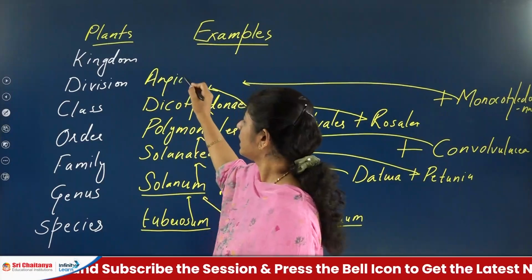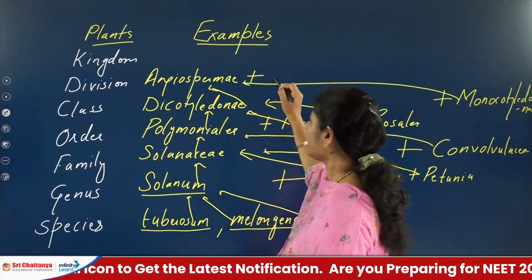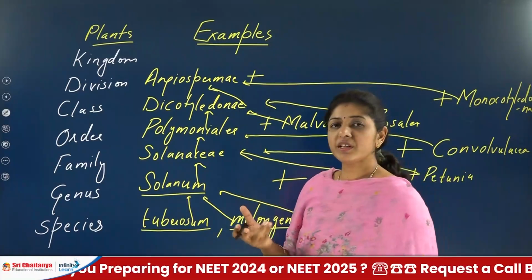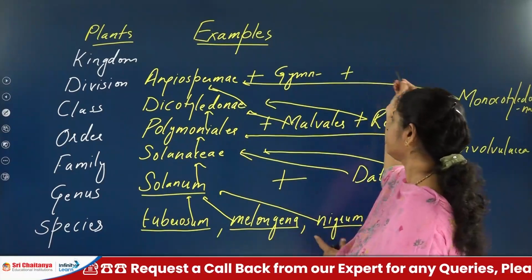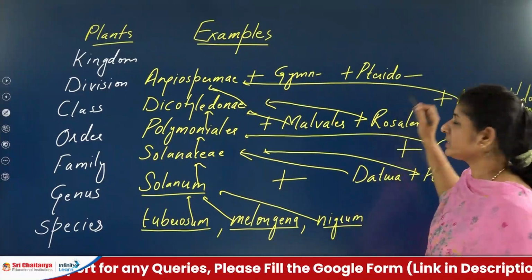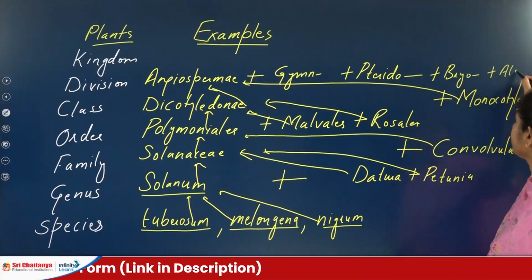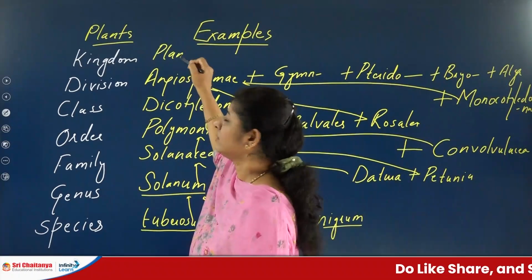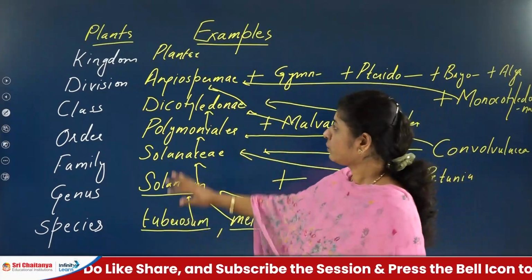Angiospermae, right? Now Angiospermae, along with that, 5 divisions are there. Just below that Angiospermae, what is there? Gymnospermae. Then even below that, pteridophytes are there. Then below that, what is there? Bryophytes are there. Still lower to bryophytes are the algae. Now all these divisions come under which kingdom? Plantae.